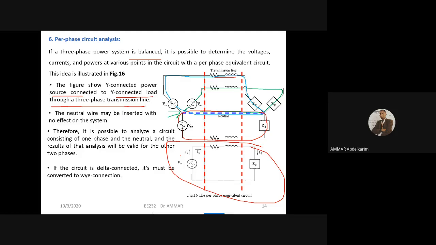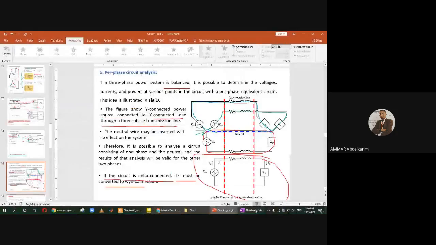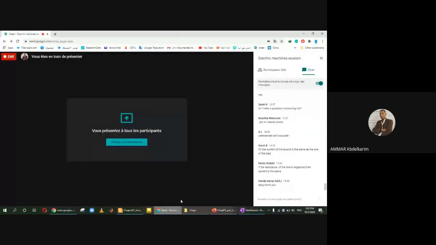We can use simplified laws with single-phase circuits, and if the system is delta connected, it must be converted to a Y connection in order to simplify our study. Okay, so let's see an example.